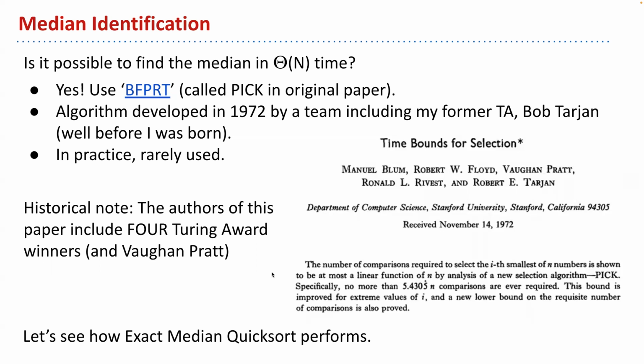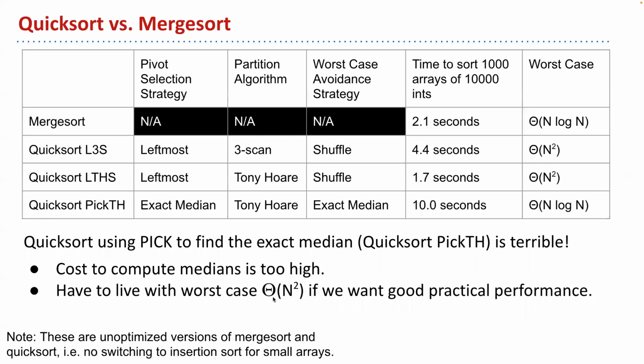Anyway, okay. So let's say we take the BFPRT algorithm, which is a linear time median selector, and we use it as our selector. I should add the code to the lecture code repo, actually. I have it all. But if you ran it, it's extremely slow, 10 seconds, right? So it's safe, but actually way worse than just using merge sort, vastly worse.